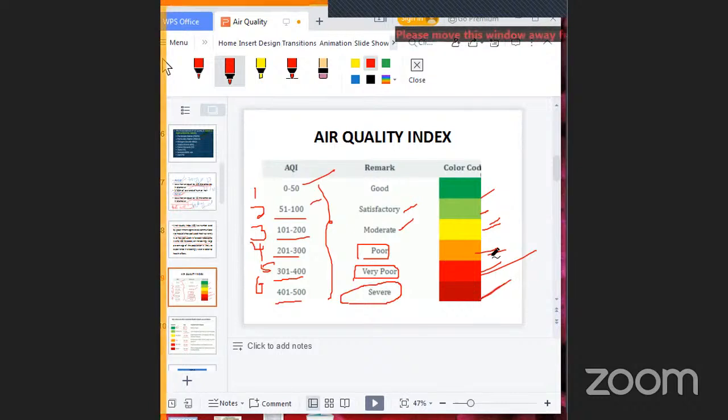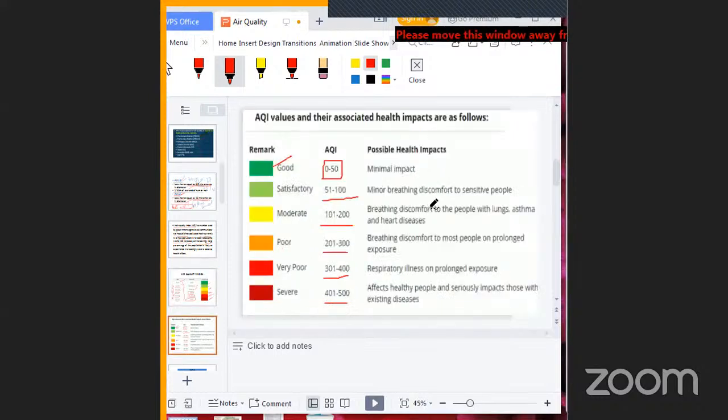Each of these categories is associated with health impacts. The first one, 0 to 50, has minimal impact. The second one, 51 to 100, is satisfactory, and the health impact is that it may cause minor breathing discomfort to sensitive people.